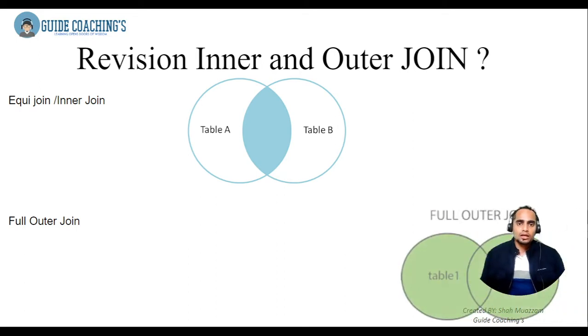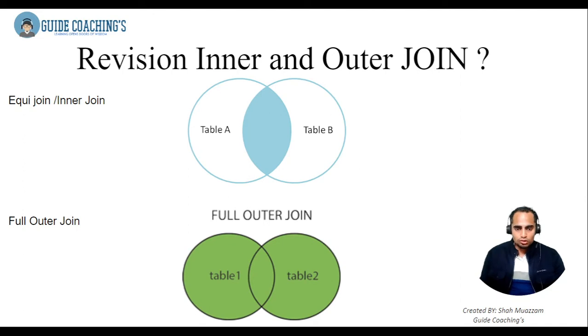Then we learnt about full outer join. A full outer join or outer join is basically the same. When we have a condition to get the first table's values, the second table's values, and the values which are common to both the tables, and those values should not be repeated, at that time we will apply outer join.